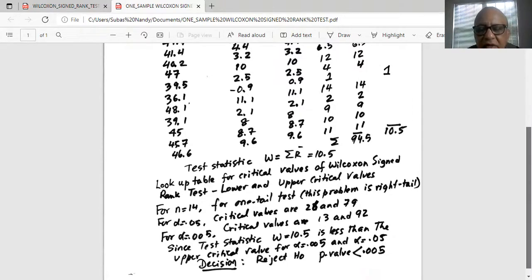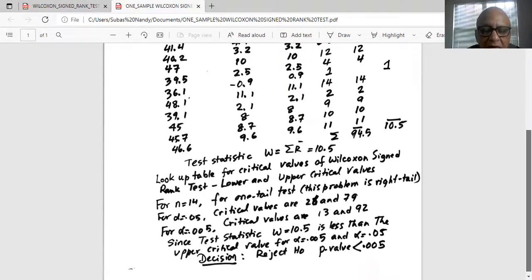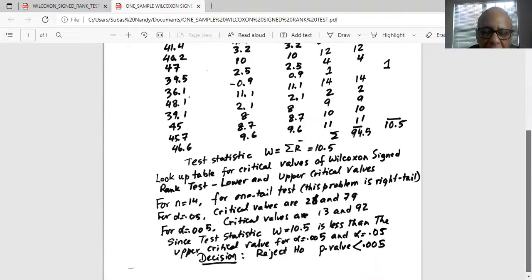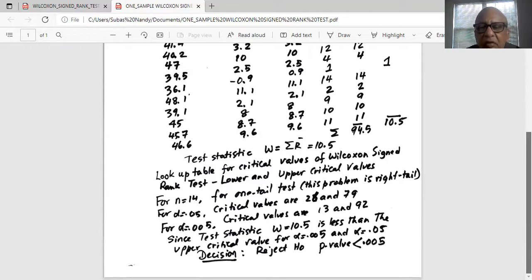Since test statistic W is 10.5, less than the upper critical value for alpha equal to 0.005 as well as for alpha equal to 0.05, the decision is reject H0. And the p value is definitely less than 0.005, because even for alpha equal to 0.005, the critical values are 13 and 92, our test statistic is only 10.5.